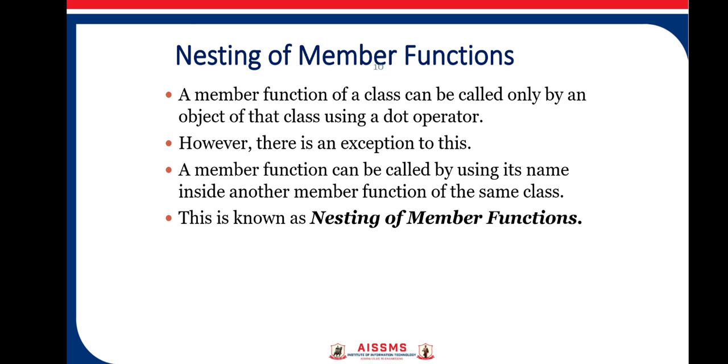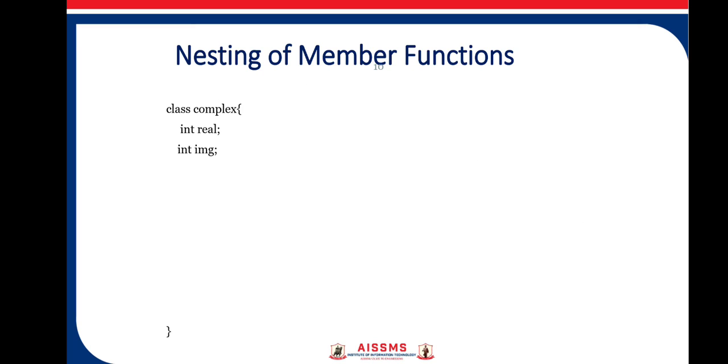Now you can also nest multiple functions. Nesting means invoking or calling a function in another function of the same class. This is called nesting of member functions. So just take this example. Suppose I have defined this function read in this class, and I also have another function defined in the class, display. Now how can we call this display function?